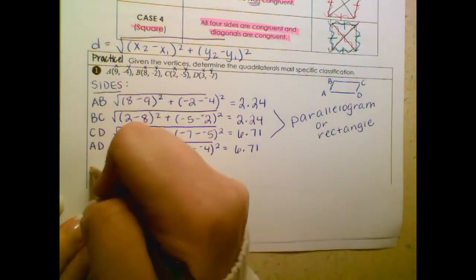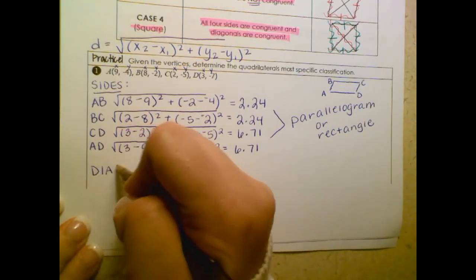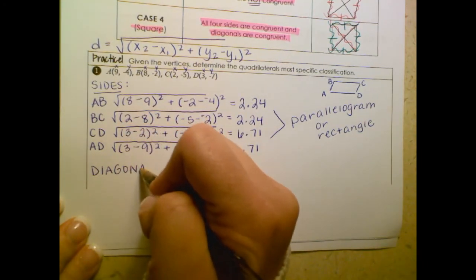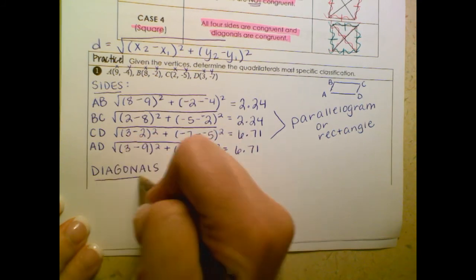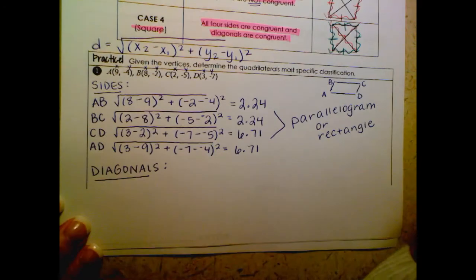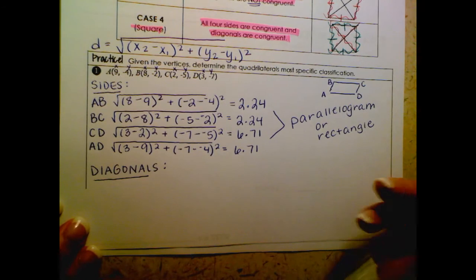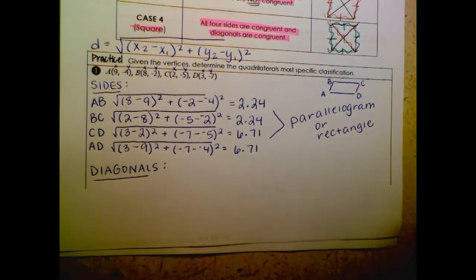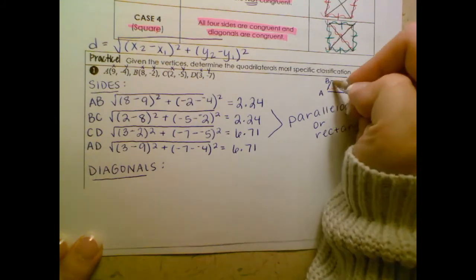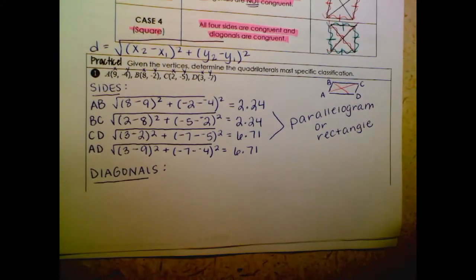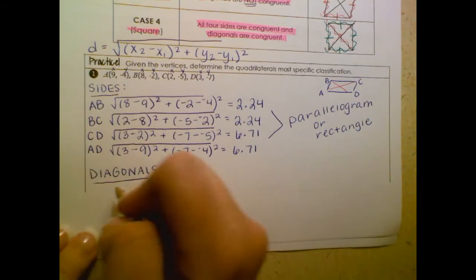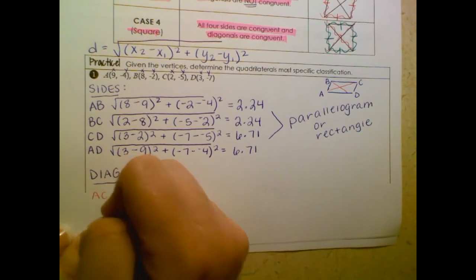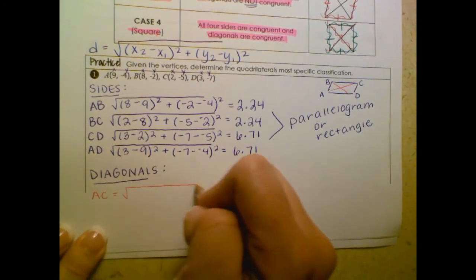All right, now we have to do diagonals. So my diagonals are going to be AC and BD. Here are my diagonals, AC or BD. So I'm going to look at AC first. Going to do distance formula.